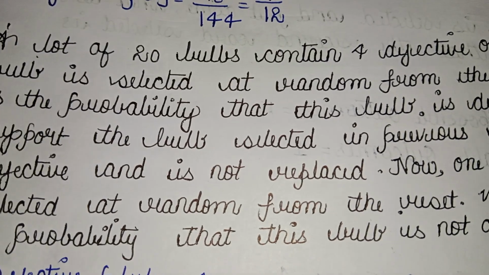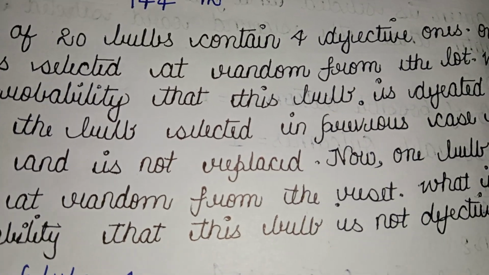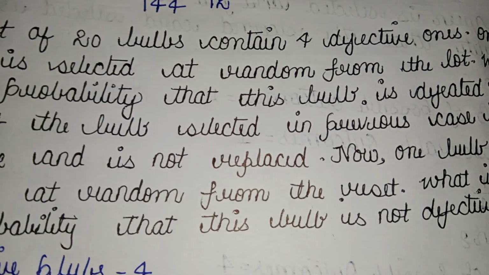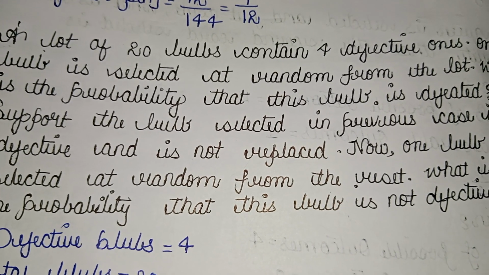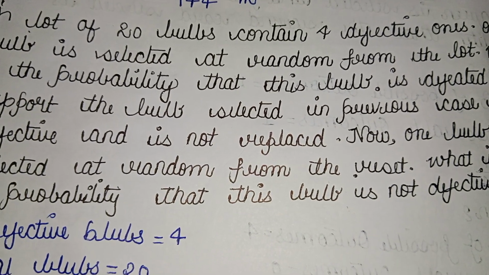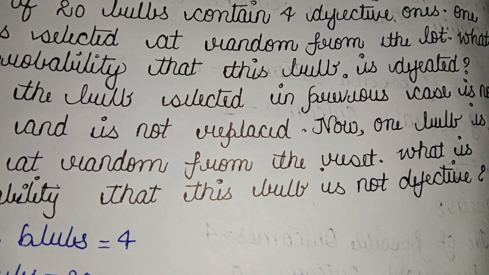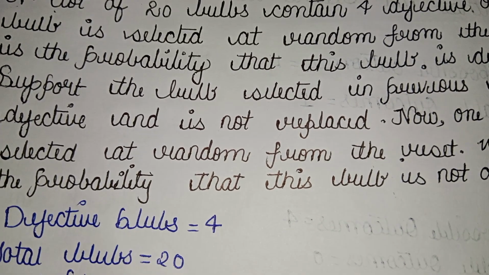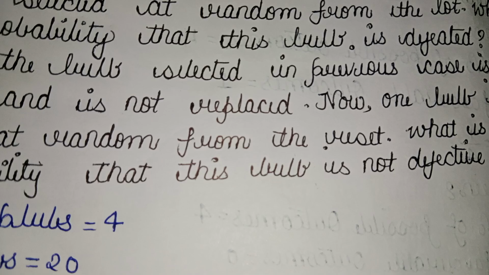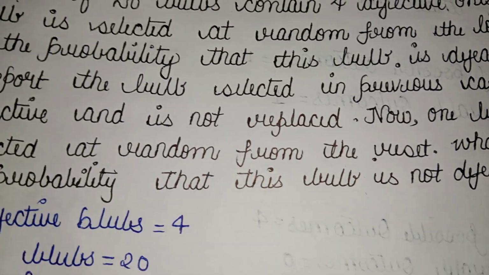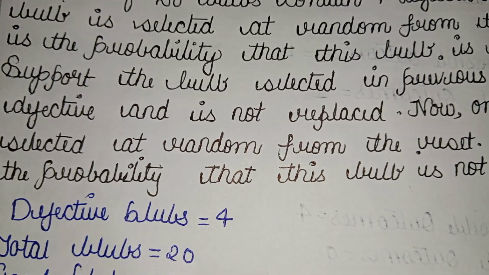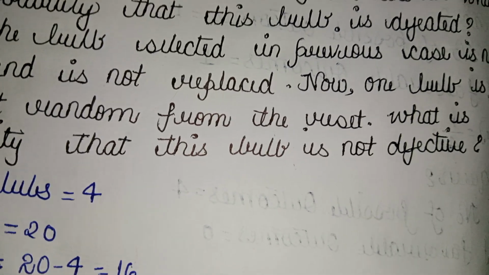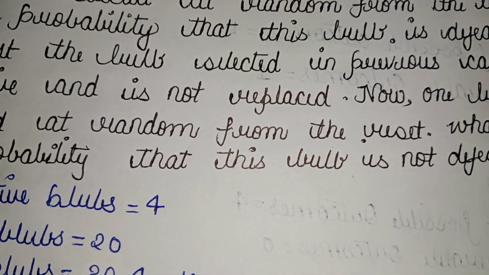And suppose the bulb selected in the previous case is defective and it is not replaced. Now, one bulb is selected at random from the rest. What is the probability that the bulb is not defective?